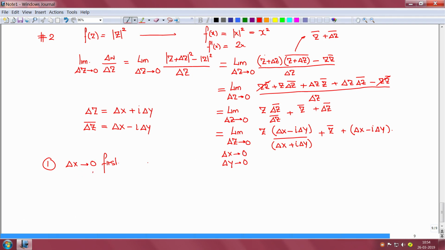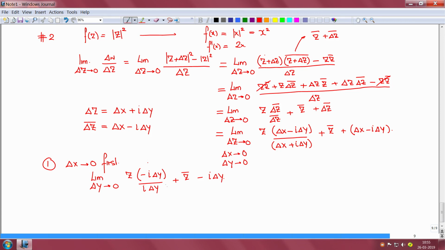We have limit delta y tending to 0 of z, delta x is already 0, so I get minus I delta y by I delta y, plus z bar minus I delta y.